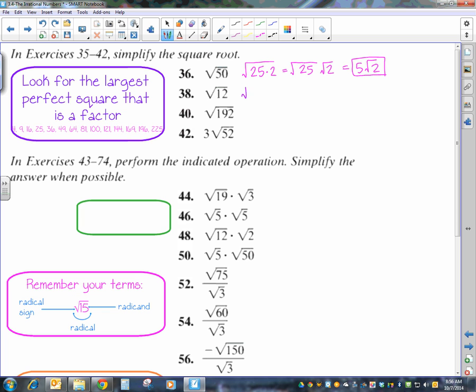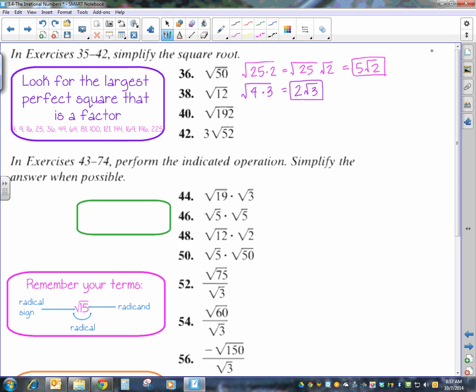Now, I'm going to do another one, and I'm going to talk to you about your calculators. 12: the largest perfect square factor that goes into 12 would be 4, so it's 4 times 3. When you simplify, you don't have to write this step anymore. You can just say the square root of 4 is 2, so we can bring that out, and our answer would be 2 square roots of 3.